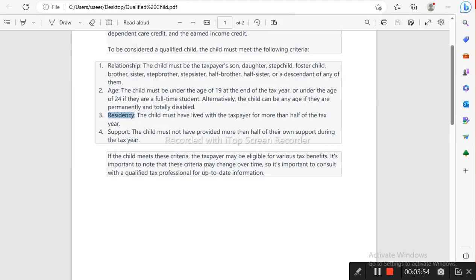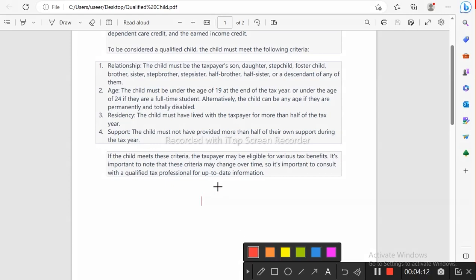The third test is residency. The child must have lived with the taxpayer for more than half of the tax year. But there are some exemptions. If your child is out of home for study purposes or illness, you can claim them as a dependent.